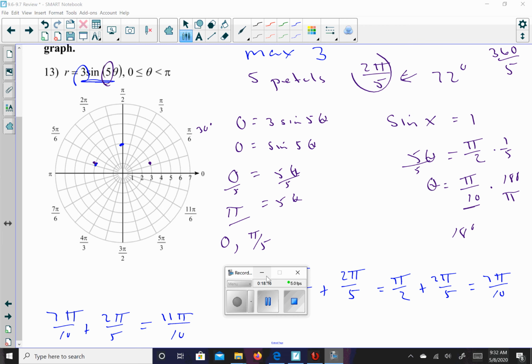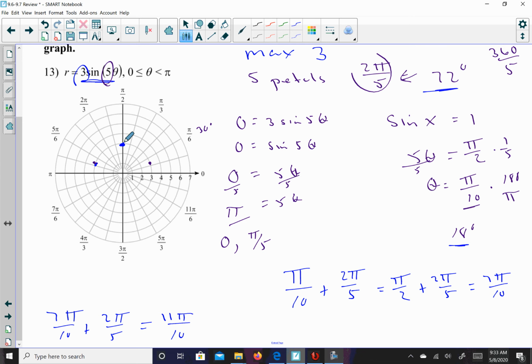I'm afraid I'm losing you guys in the fractions, so I sat here and thought about it for a while, and this is 18 degrees. So I'm just going to, and I know the difference is 72, so if I add 18 plus 72, I get the 90, and that would give me this point right here. And then if I add 90 plus 72, why can I not think?